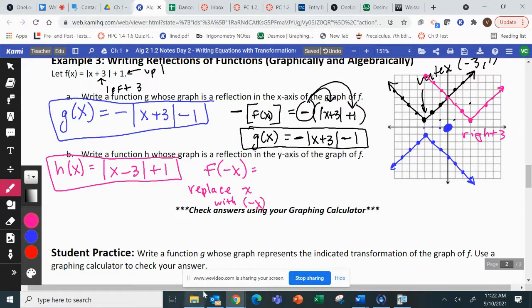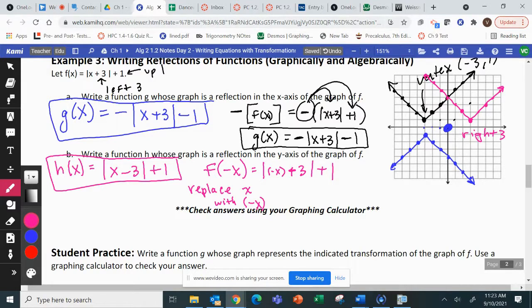So we go to our f equation and we find the absolute value. There's my x, so negative x plus 3, plus 1. Are those the same? They're not the same, are they?